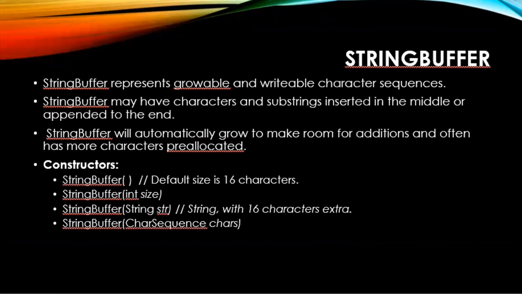Right. In the previous classes, I told you that your string class is immutable, whereas the string buffer class is mutable. Mutable in the sense it will have a capacity, that means it will have flexibility. Whenever an input comes, that means whenever there is a change, it is ready to accept that change without creating a new object.